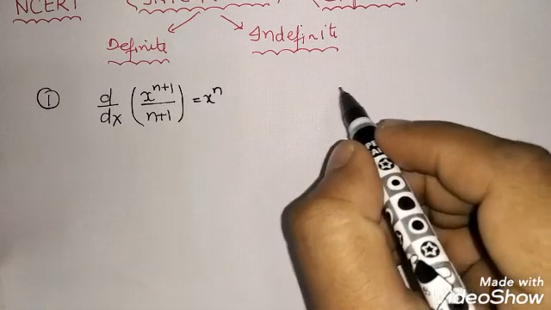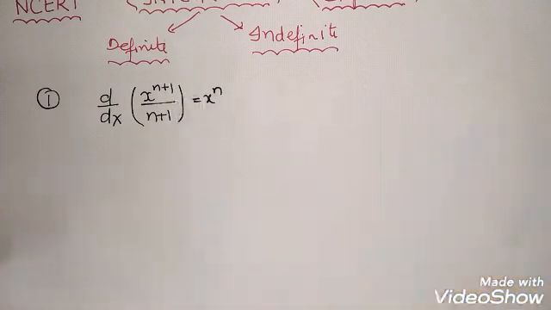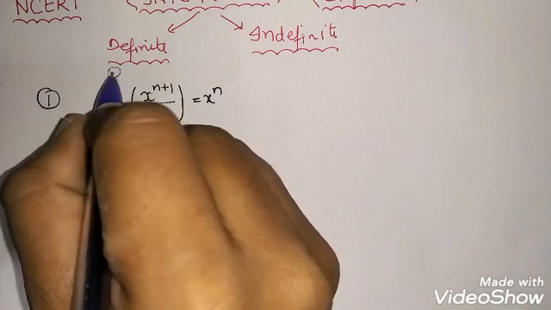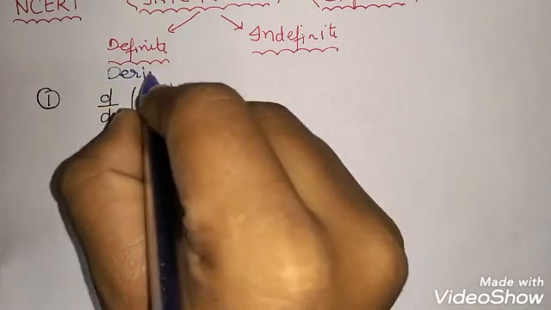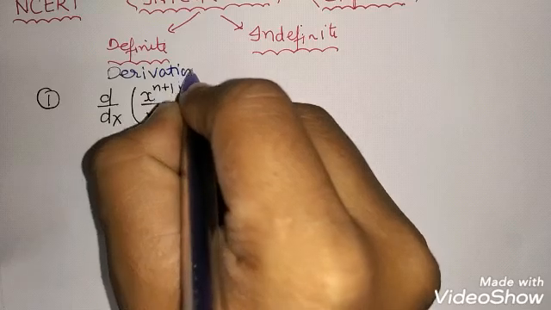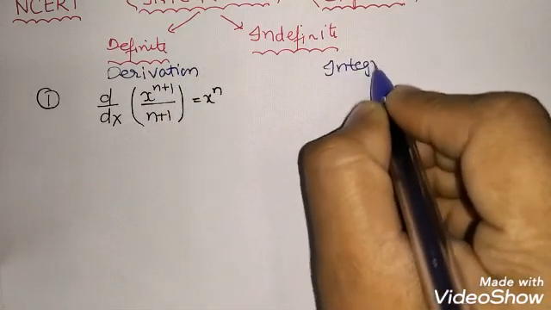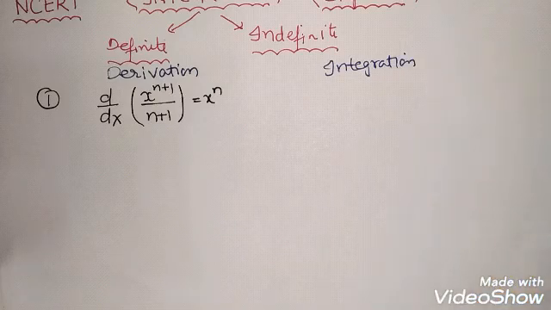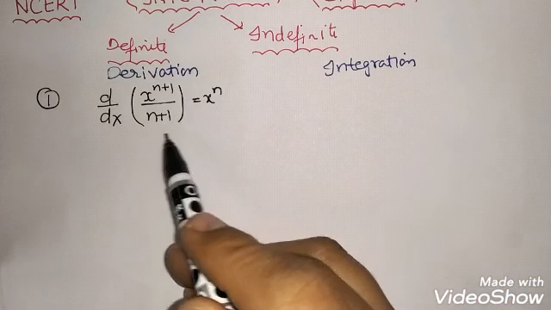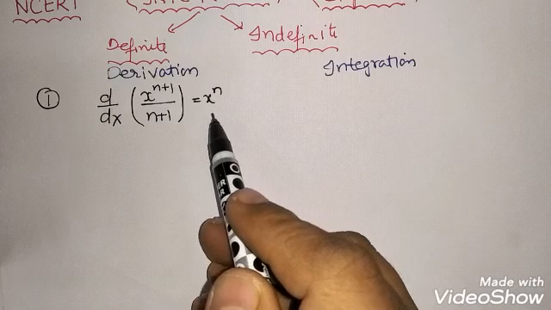So in case of integration, this is the derivation formula and this is integration. The formula of d upon dx of x to the power n plus 1 upon n plus 1 is equal to x to the power n.